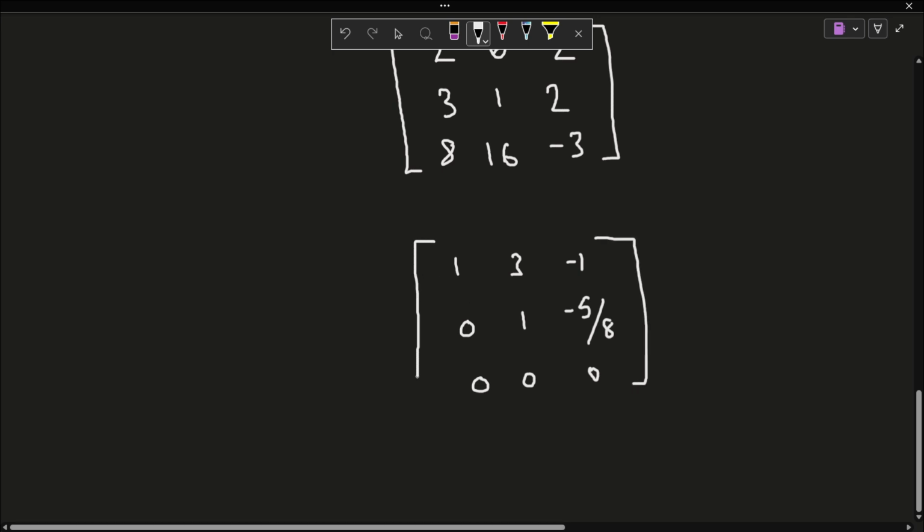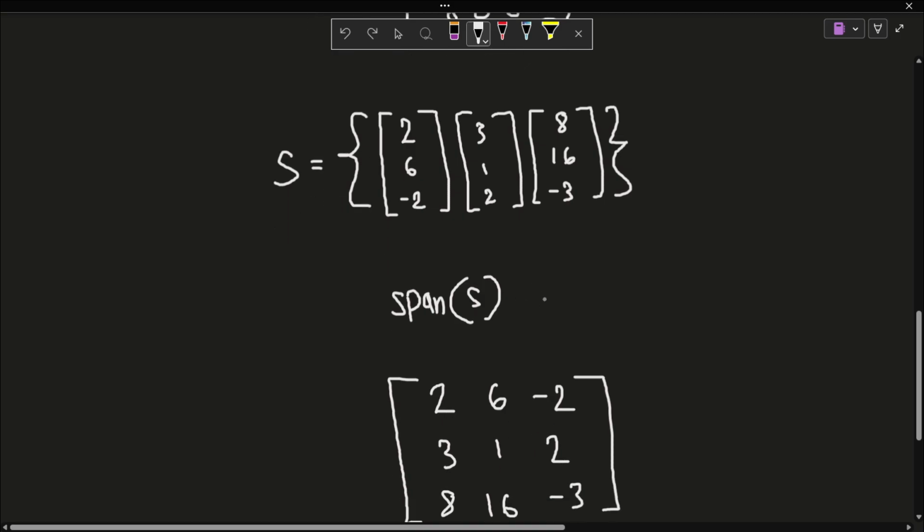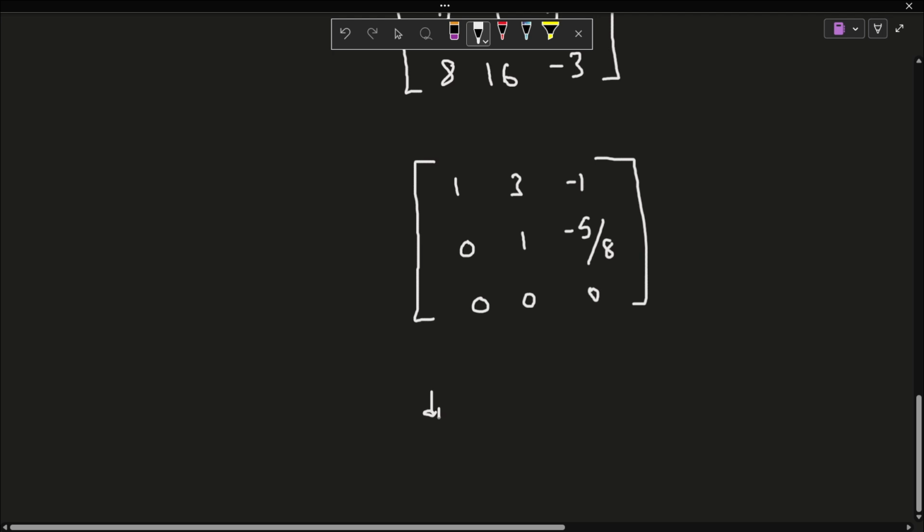well then we can get that the dimension of this is going to be 2. So the dimension of the space of the span is going to be 2. So dim S is going to be equal to 2.